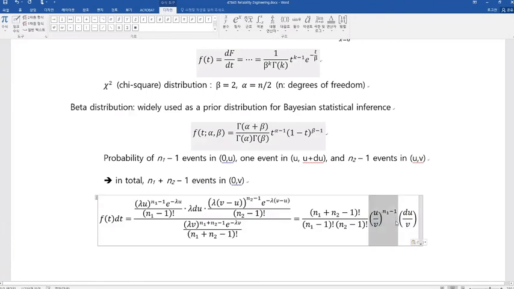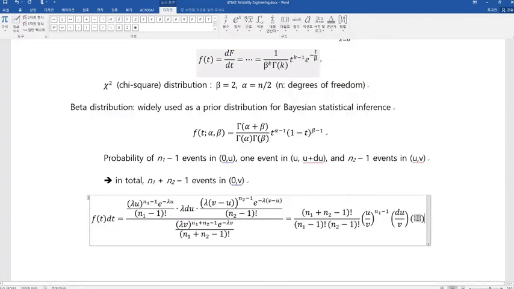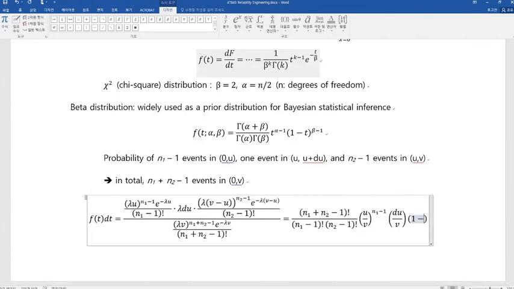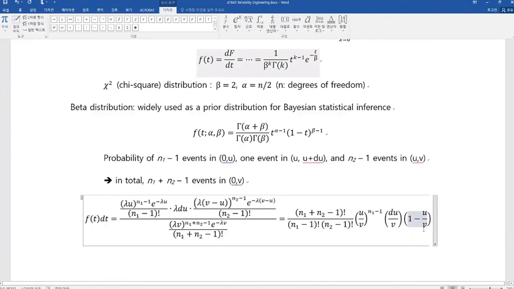If we divide by v, then this would be 1 minus u over v. So what will remain is 1 minus u over v, and we have n2 minus 1 of them.